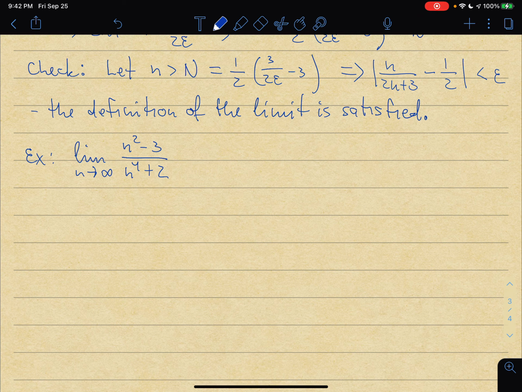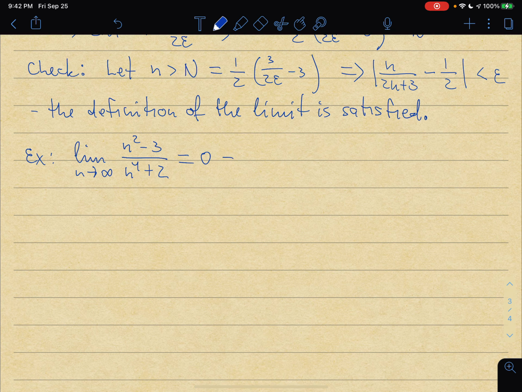Now, once again, from the previous lecture, you know that 3 and 2 here do not really matter when n becomes big. So this limit should be the same as the limit of n squared over n to the fourth, same as the limit of 1 over n squared, which means that the limit must be equal to 0, because the bottom grows like a fourth power of n and the top as a second power of n. So bottom always wins.